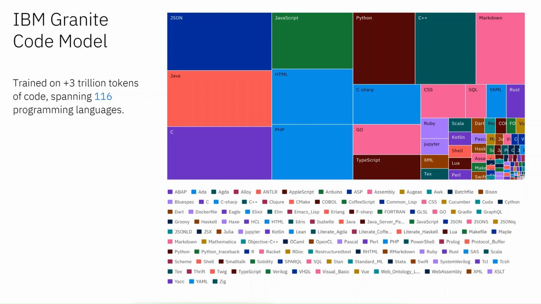Similarly, the IBM Granite Code model used by Watson Code Assistant for Z specializes in transforming COBOL mainframe code into modernized Java code. Ansible playbooks, COBOL, and Java are all supported languages in the generalized IBM Granite code model, and therefore are supported by IBM watsonx Code Assistant.